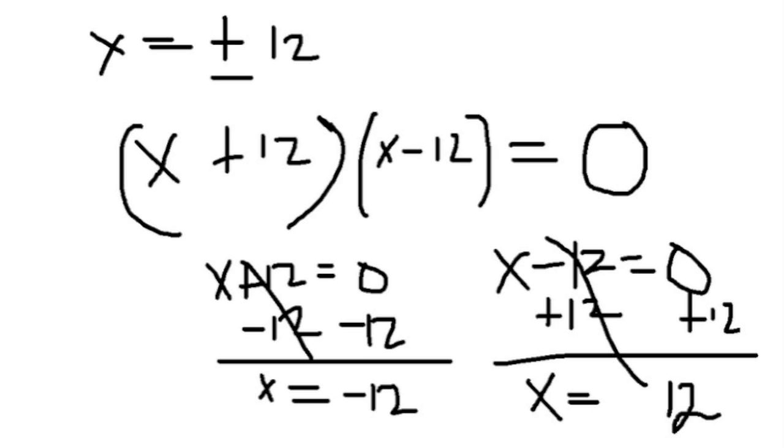The next one I'm going to show you is how to do it by using square roots. So our equation here is 3x squared minus 21 equals 0.